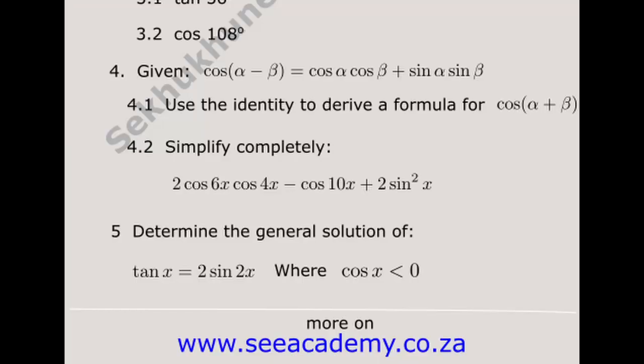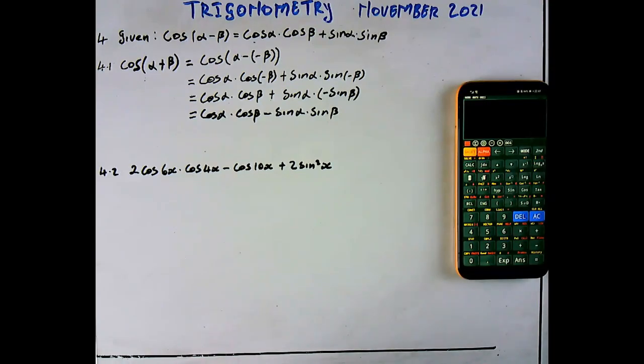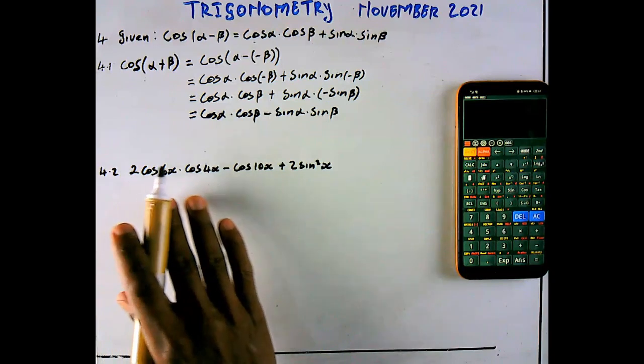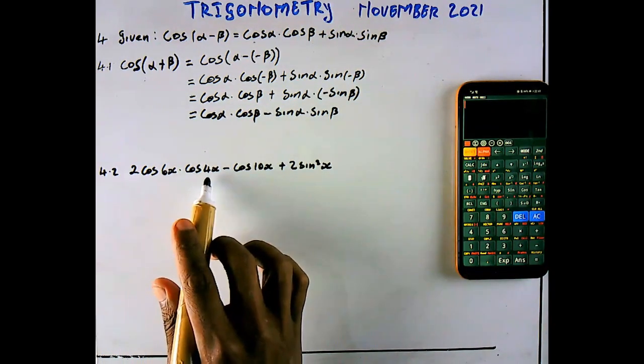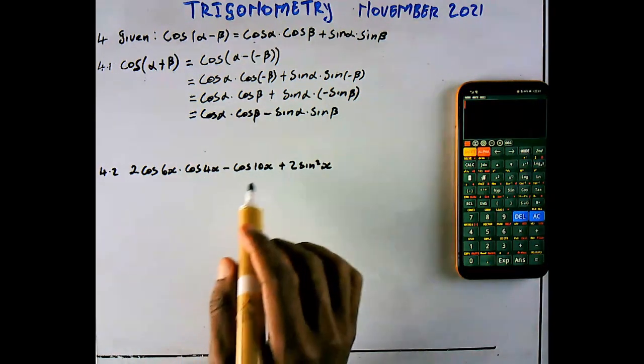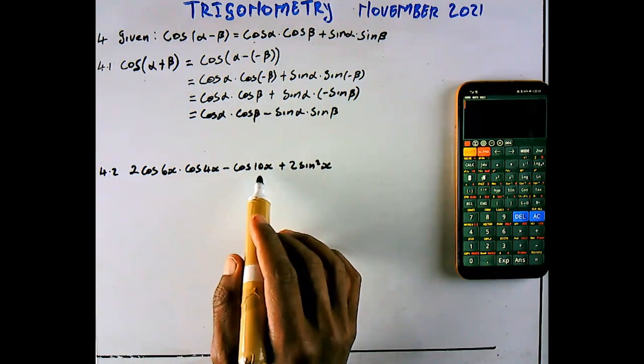And then 4.2, simplify: 2 cos 6x times cos 4x minus cos 10x plus 2 sine squared x. We've got 6, we've got 4, and we've got 10, and 6 plus 4 equals 10. So we have to break this 10.